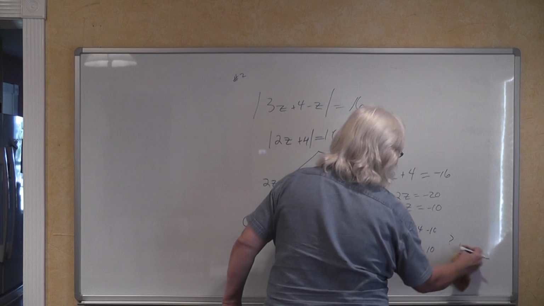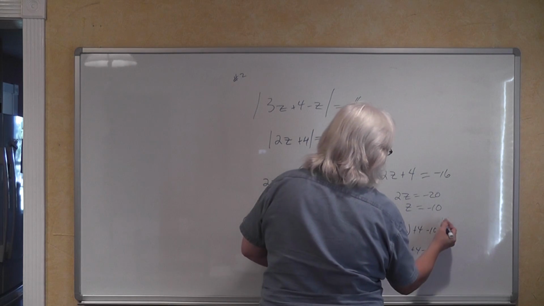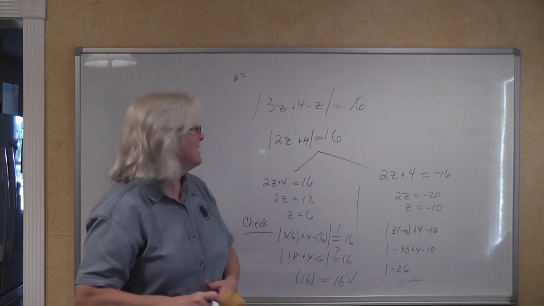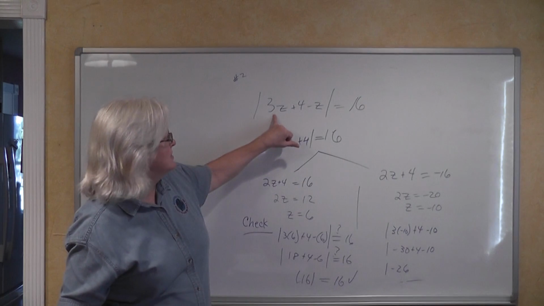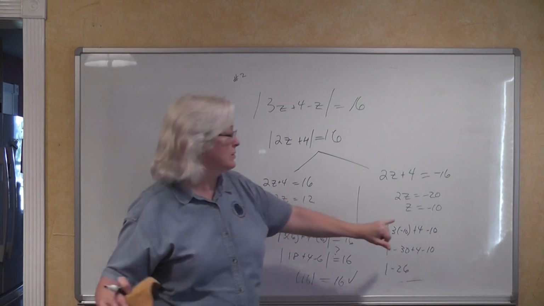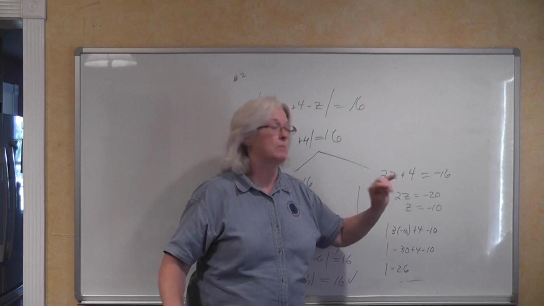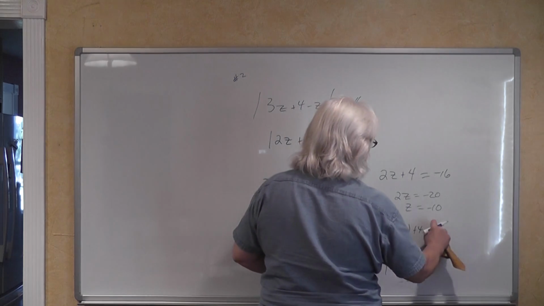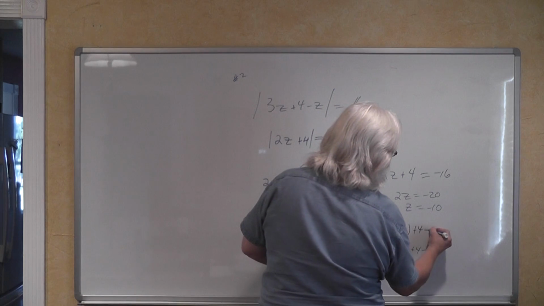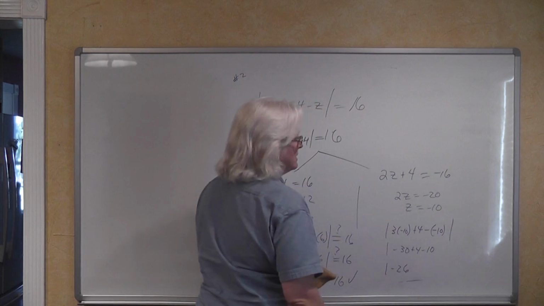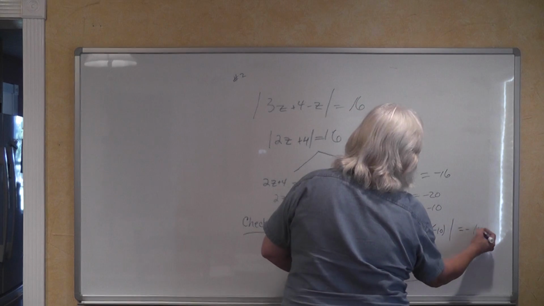Let's rewrite this. What does my original equation say? Absolute value of 3z plus 4 minus z. Notice I just put minus 10, but what is the value for z? It's a negative 10, so that should be minus a negative 10, equal to a negative 16.